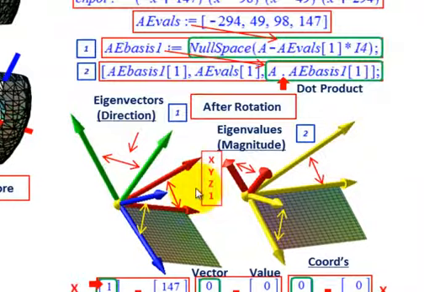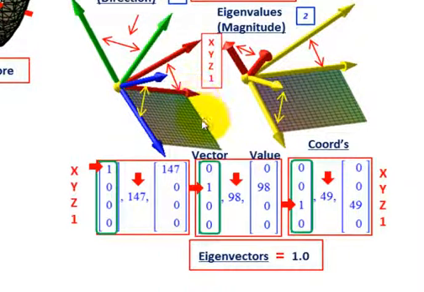Okay, so let's just prove out what we're talking about. Here's our x, y, z position for our vector, and based on our eigenvalue, this is the vector position. Say we've got the x, y, z coordinates. Now our eigenvectors are a unit of 1, based on that calculation for our eigenvalues.